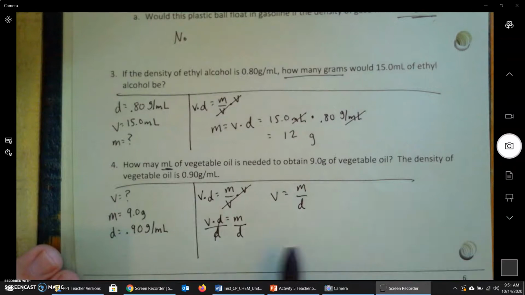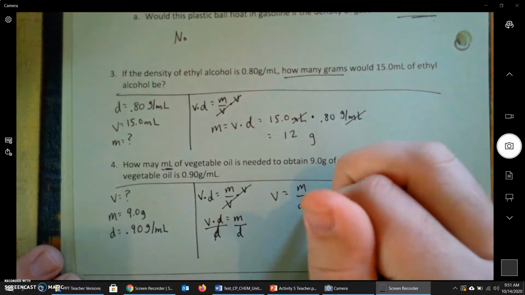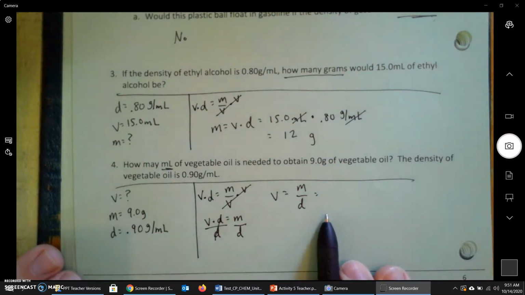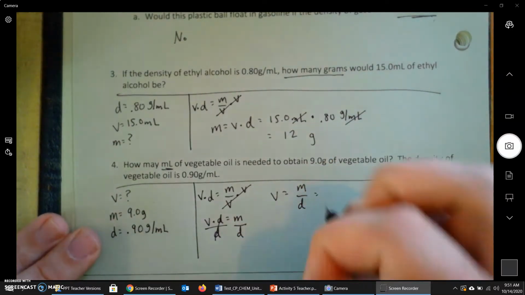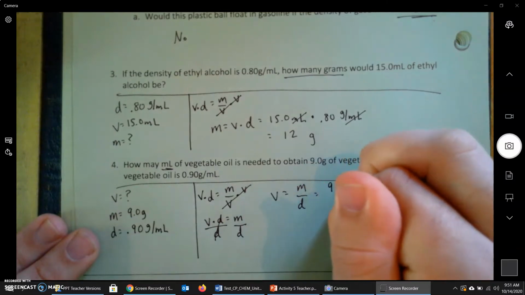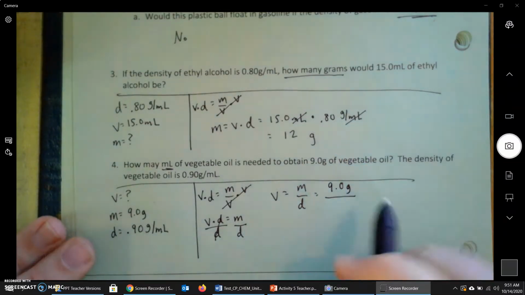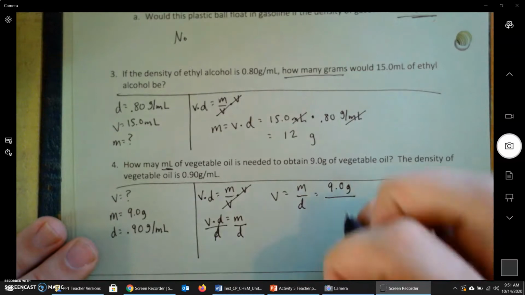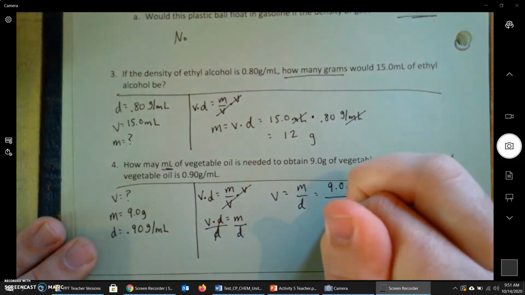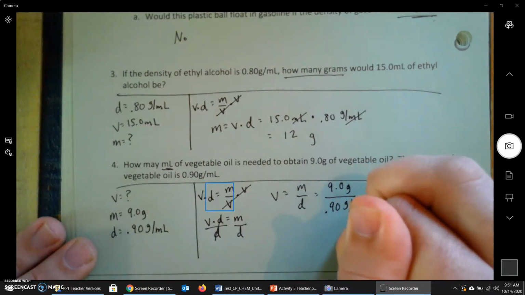If you do not understand how this works, you need to contact us immediately. This is something that you're going to have to do on your quiz. Now we can plug in our numbers. We have mass of 9.0 grams divided by my density of 0.90 grams per milliliter.